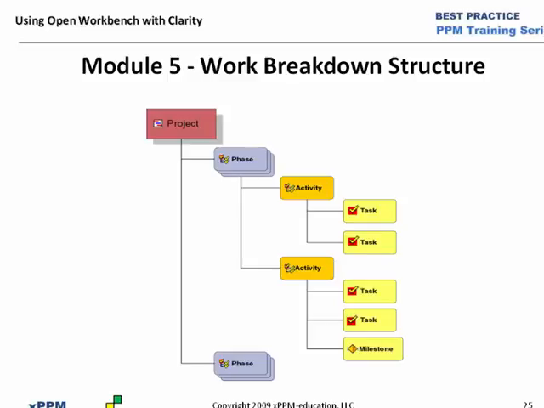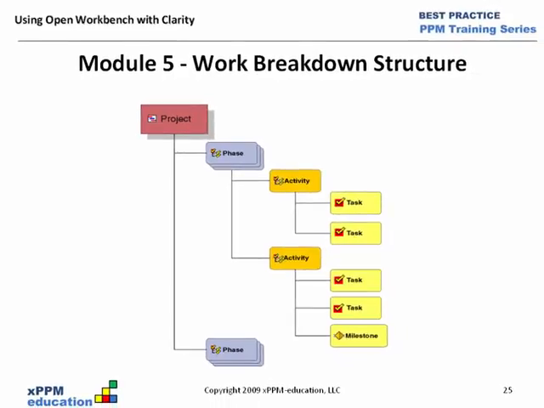And then the other thing is that how many breakdowns of summary level are there? And that's somewhat of a user choice to a certain extent. In this case, I show a phase and activity, so we have two levels of summary tasks above the detail. And it could be less or more.